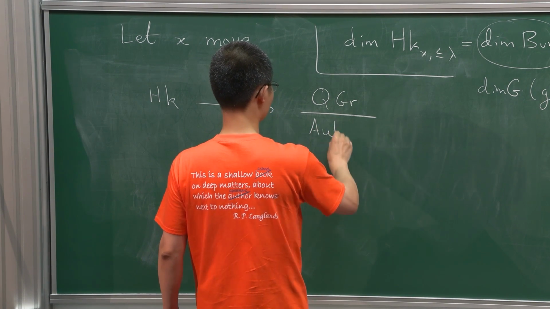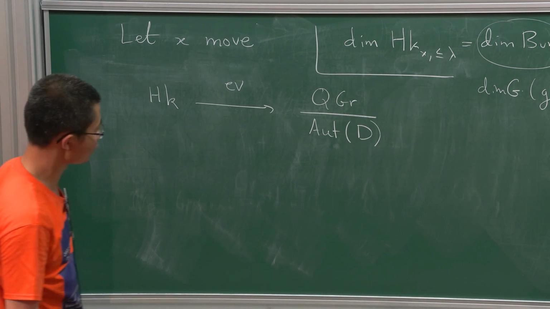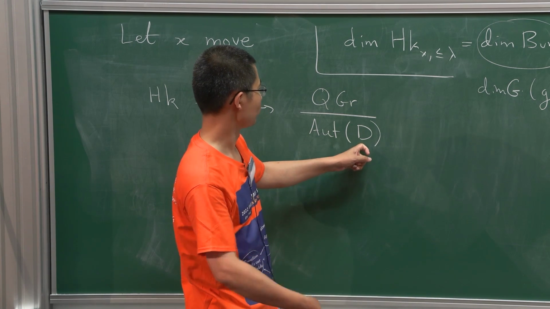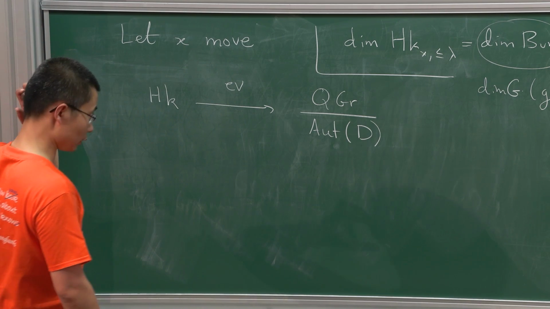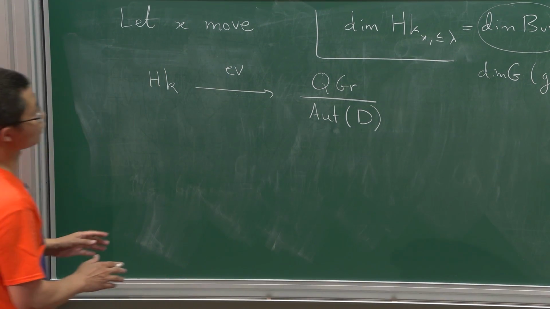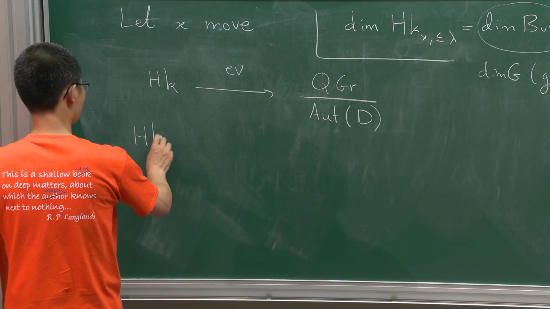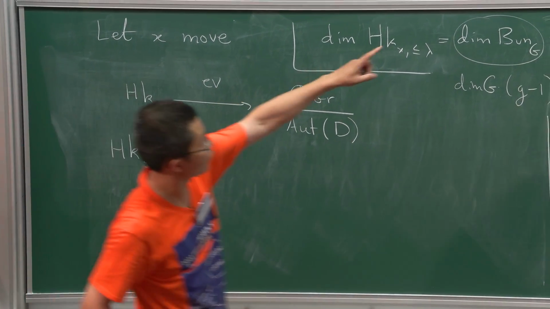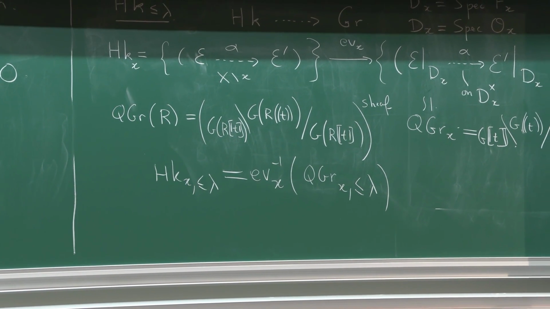So you divide by another infinite dimensional group to make it canonical. This is the automorphisms of the formal disk. This is not essential. You should just accept that there is a version, Hecke less than or equal to lambda, that looks like Hecke_x less than or equal to lambda over every point x.